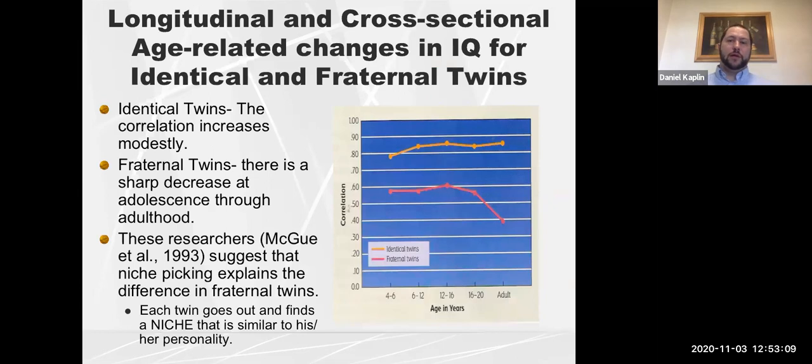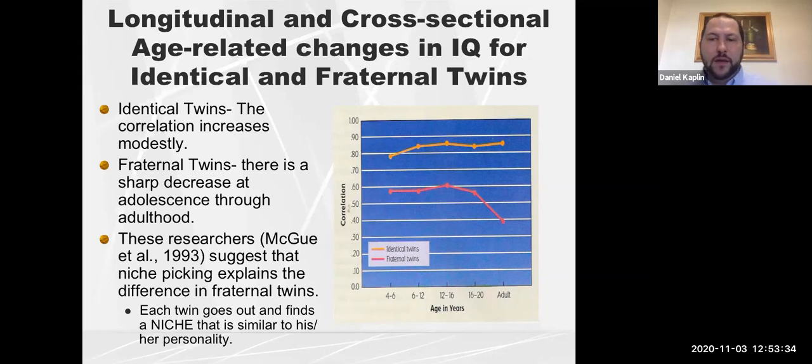We could also look at identical twins and fraternal twins, right? And watch them across time. So let's look at nature and nurture with identical versus fraternal twins. So if we take identical twins and follow them through time, the correlation seems relatively stable.